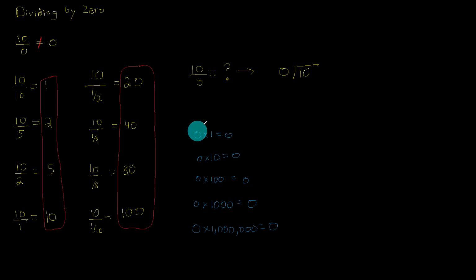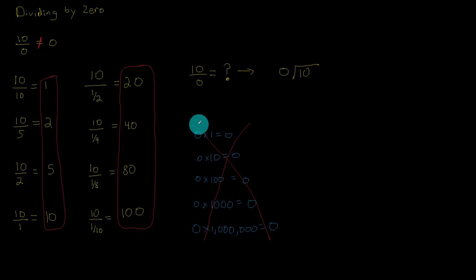So what we see here is that the method of multiplication doesn't work if you're trying to make 0 a larger number. So 0 times any number will always have a product of 0. So how does this information help you in solving the problem 10 divided by 0, or any number divided by 0 in that case? Well, what this information tells you is you could try to multiply 0 by any number.